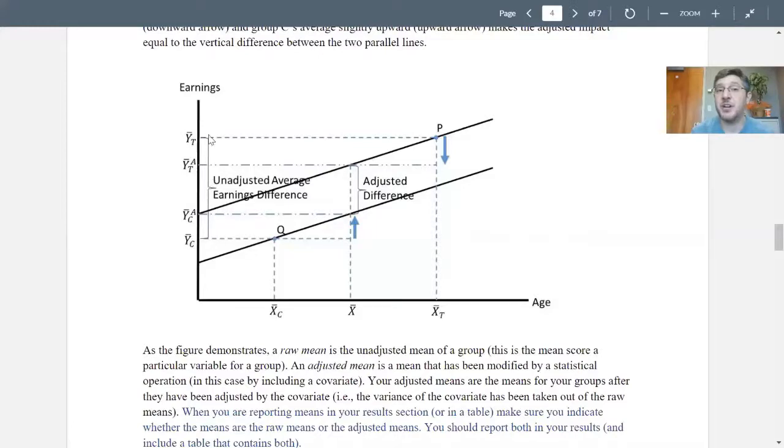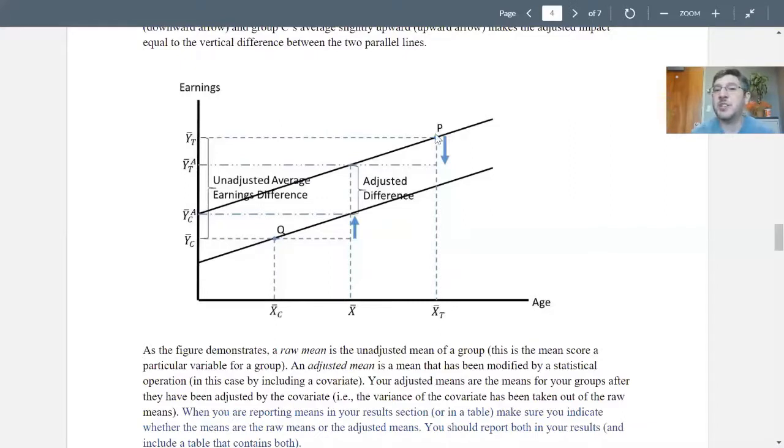This would be our unadjusted earnings differences. What's happening in the analysis of covariance is it's adjusting our group means, pulling them towards the overall average. This is the overall average age. So it's saying, what would be the average earnings if everyone was the same age?